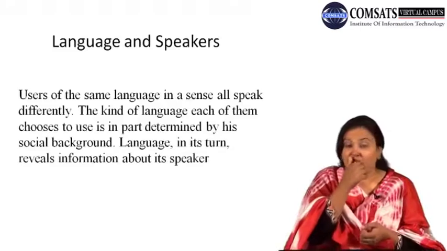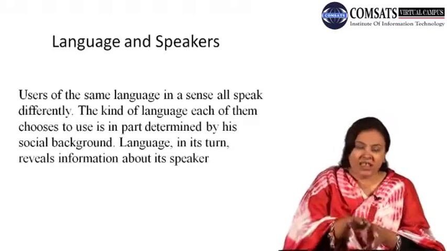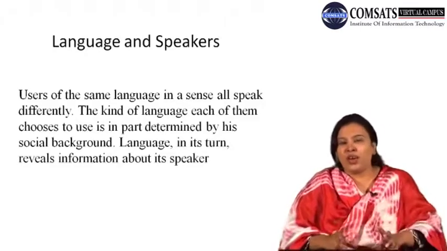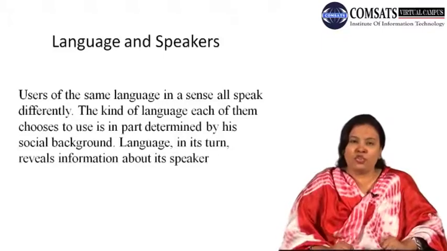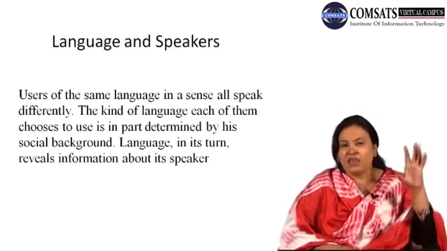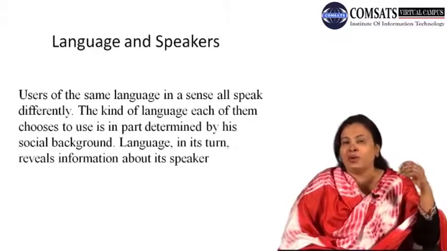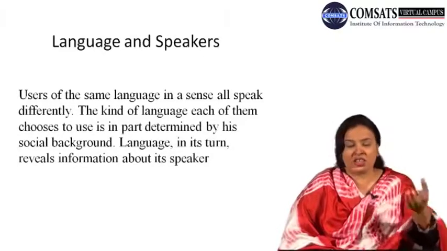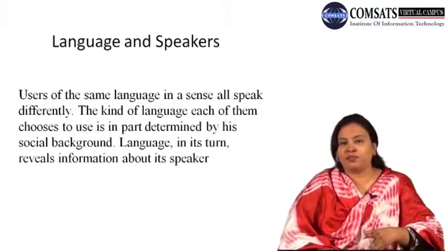So different things, and sometimes from the accent you can determine what area he belongs to. For example, let's leave English aside, where we can identify a Scottish accent or an Irish accent. Talk about your own context.